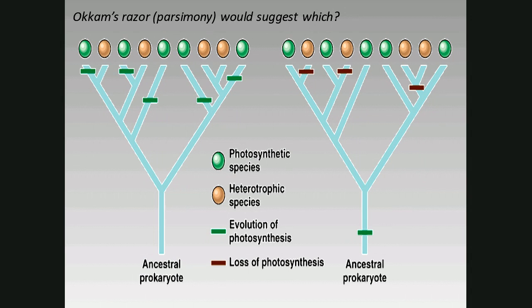Do you think there was an ancestral prokaryote and then several different lineages came up with photosynthesis? Or perhaps that ancestral prokaryote was photosynthetic and other species lost the ability to photosynthesize, and that's how they became heterotrophs. Which one do you think is the easiest? Which one is the most parsimonious?